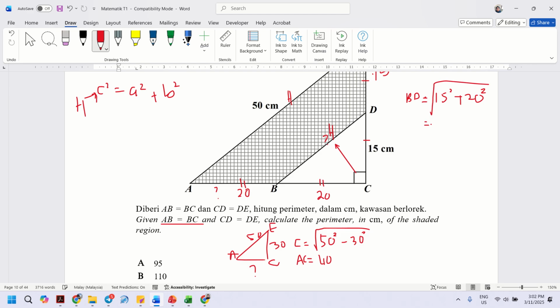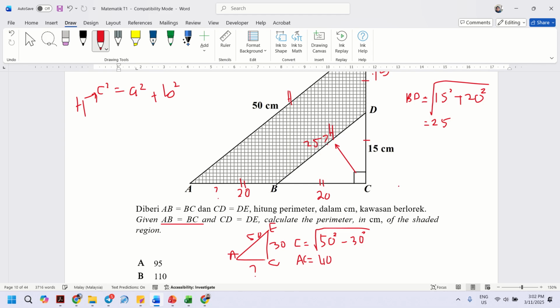So what's the answer? 15 squared plus 20 squared is 625. So the square root is 25. So BD is 25.